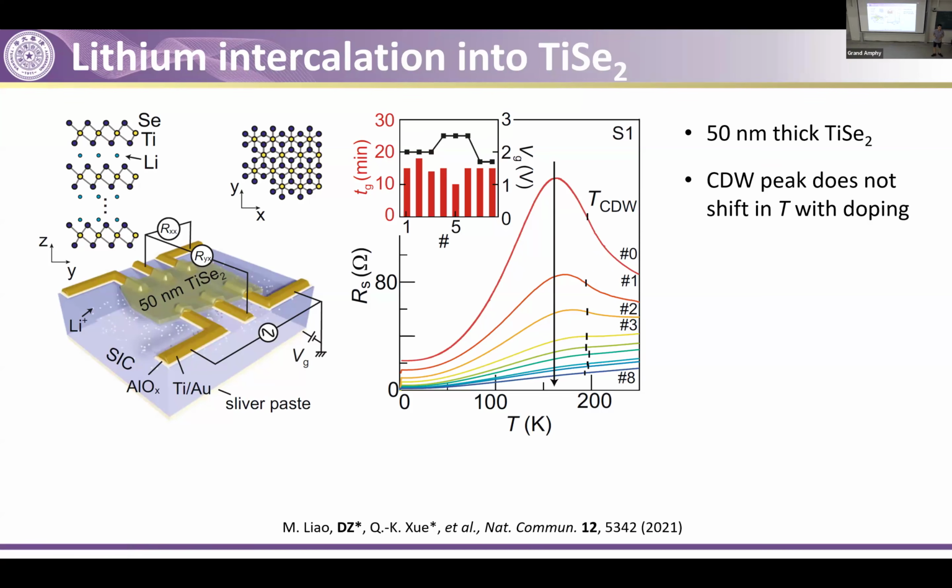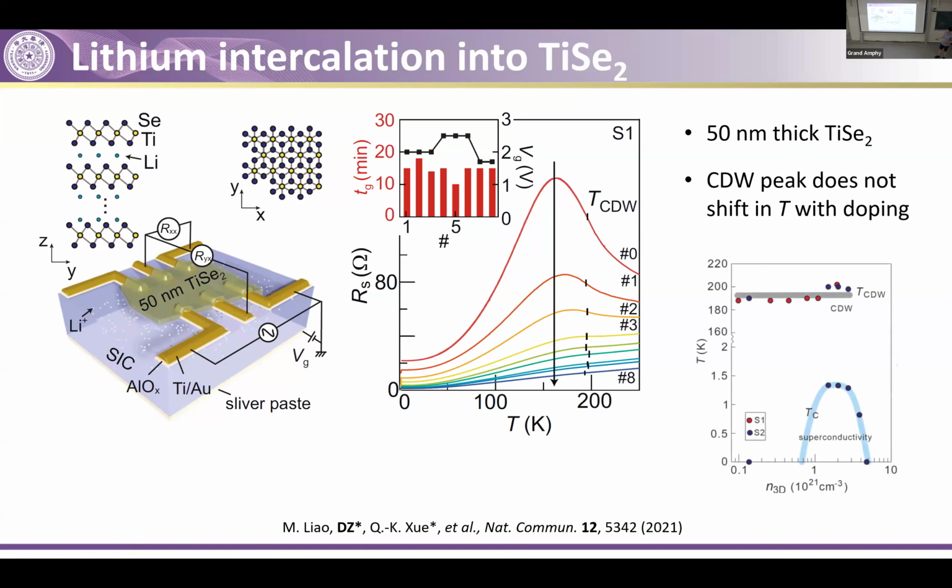However, recently, with improved devices, you still see this effect. So somehow I think this is intrinsic to lithium intercalation, so that the temperature of the charge density wave does not go down, although the strength of this peak goes down. And then the superconductivity occurs, which is just at low temperature.